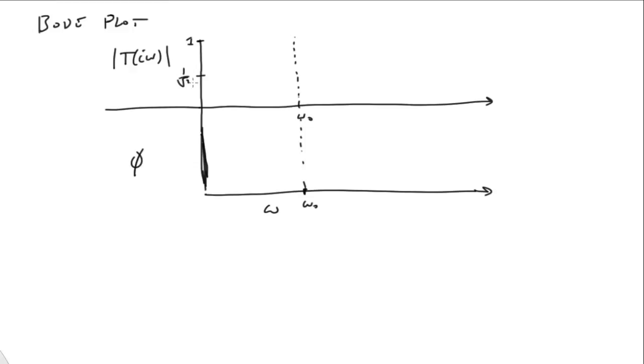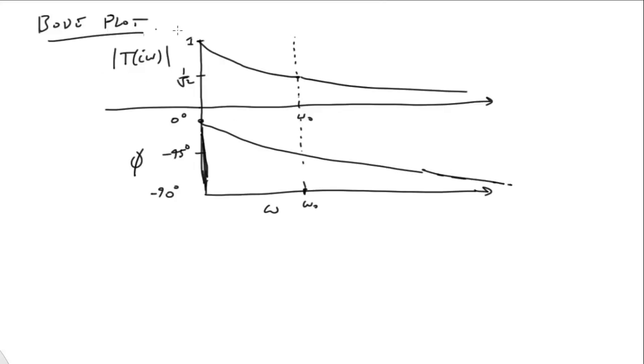We had a 1 over root 2 sitting there, and it decayed down. And we saw that it started at 0 degrees, it went down to negative 45 degrees, and then finally all the way to negative 90 degrees. So it did this.